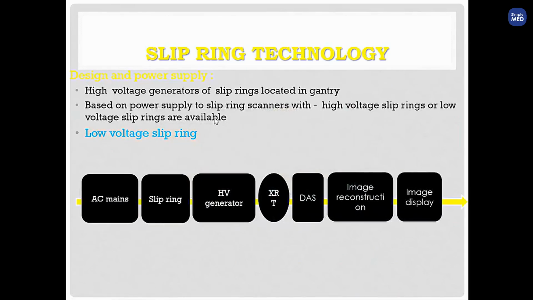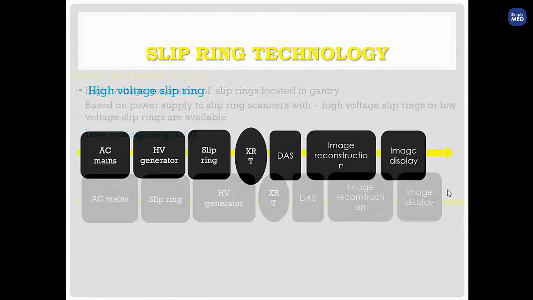Based on the power supply, slip ring technology is divided into two: low voltage slip ring and high voltage slip ring. In the low voltage slip ring, the AC main supply is sent directly to the slip ring, and then to the high voltage generator, X-ray tube, image reconstruction, and image display.